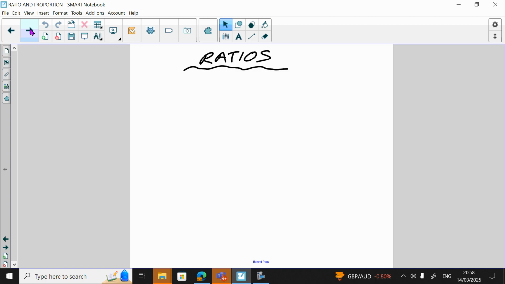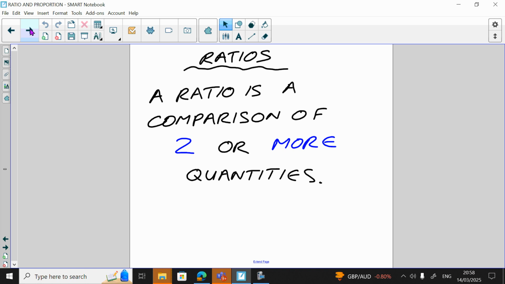So we're going to talk about things called ratios, sometimes called ratios in proportion. So what is a ratio? Well, it's a comparison of two or more quantities. If it was just two, it'd be like a fraction.